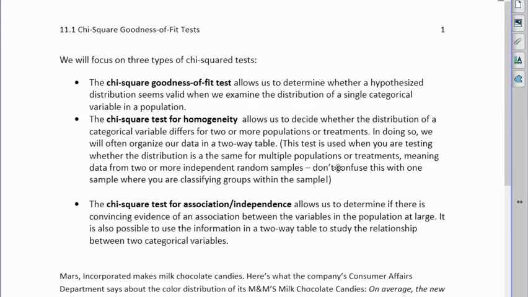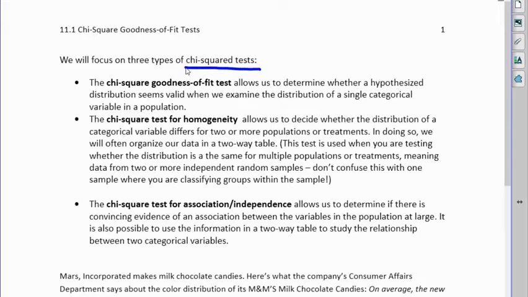Recall back when we looked at two-way tables and bar graphs, we would compare the percentages in the categories and try to make some kind of decision if we thought there was a difference in the different groups, different categories from our two-way table. But now we actually have a formal statistical test called chi-squared tests.